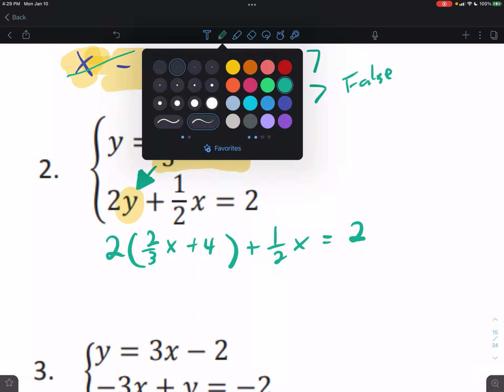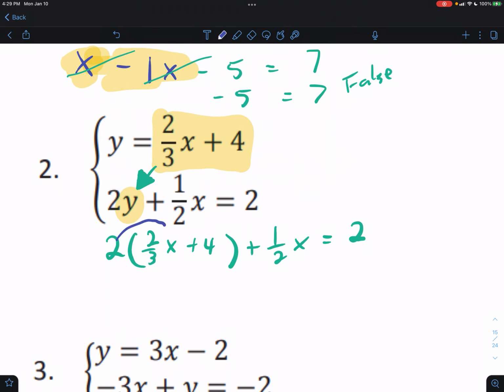And then I just solve, distribute 2 times 2/3 x. Well, this won't be as nice to us as the last one, but that's okay. 2 times 2 is 4, 1 times 3 is 3, no problem. 2 times 4 is just 8, and then I bring down my 1/2 x equals 2.